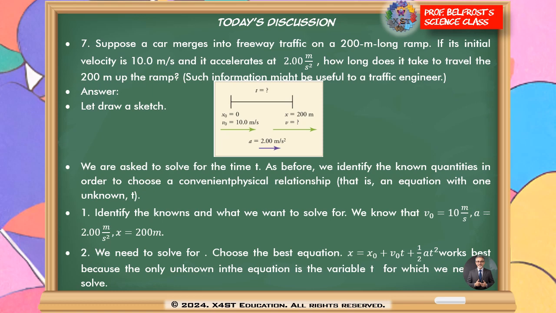So first, again, we need to identify the knowns and what we need to solve for. Okay, what is known is v0, a, and x, and what we need to solve for is t. Then we can consider which set of equations will work out the best for our problem.